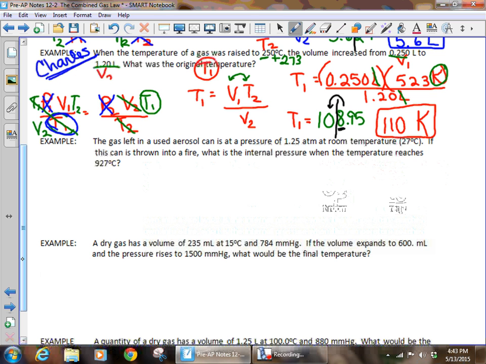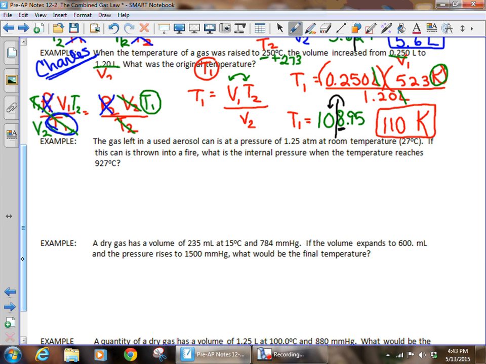The last one that we're going to cover in this set of notes deals with a gas left in a used aerosol can that's at a 1.25 atmosphere pressure at room temperature. If you throw it into the fire, what's the pressure going to be when the temperature reaches 927 degrees Celsius? It's kind of a life lesson here too.